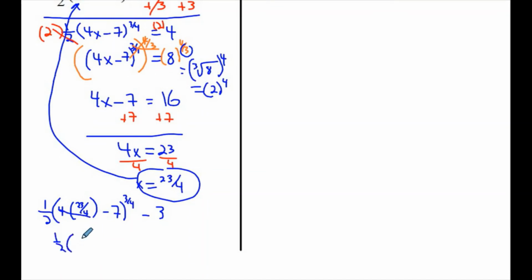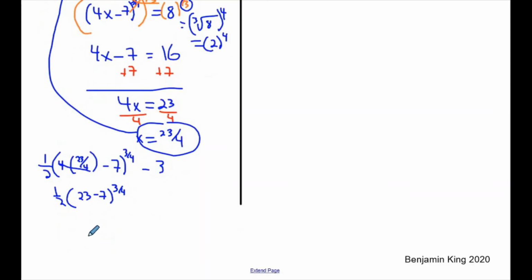So then we get 23 minus 7, and 23 minus 7 is going to be 16. So we have 1/2, 16 to the 3/4, and that is going to be the fourth root of 16. So the fourth root of 16, which is 2, and 2 to the third power is 8.